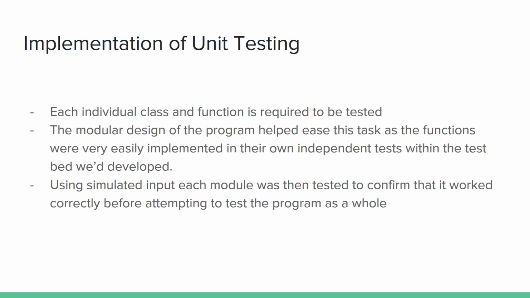We used a simple shell script that would basically take a given input per what type of function we're using. For example, for the save function, we wanted to pass an input of a student with the name, email, UID, a couple of grades. And we wanted to confirm that the program worked correctly before attempting to test the program as a whole.